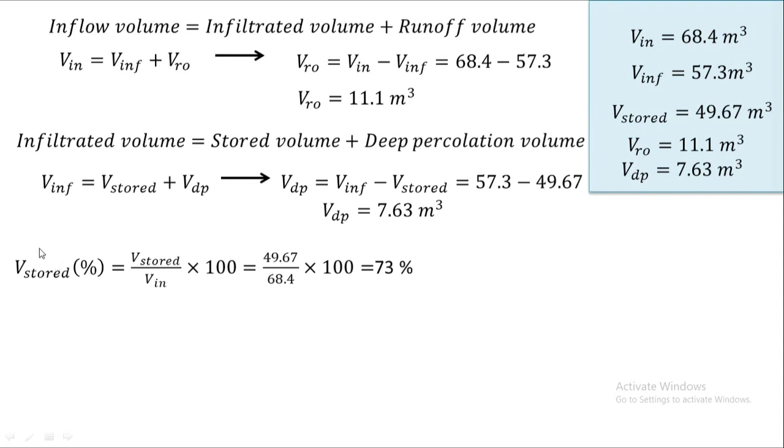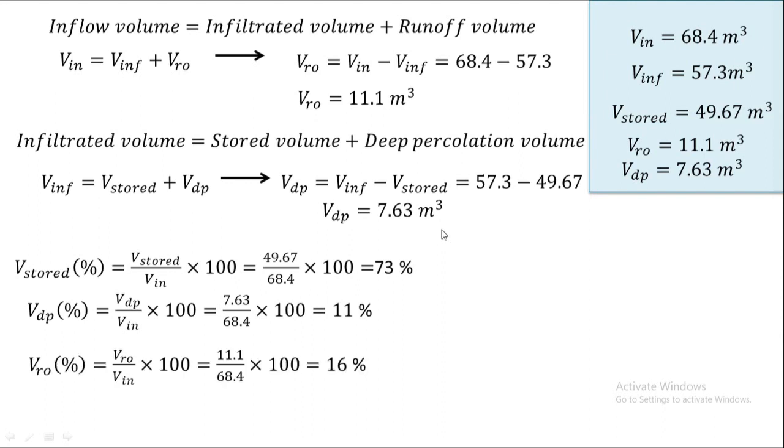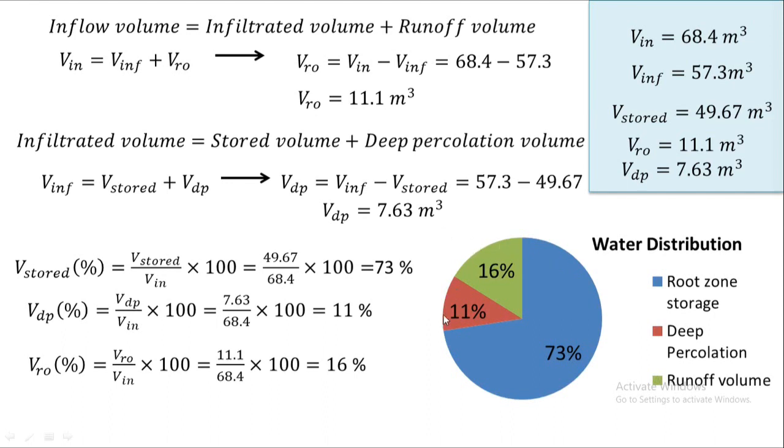Now volume stored in percentage is 73%. Volume of deep percolation is 11%, and volume of runoff is 16%. So this is how we evaluate a border irrigation system.